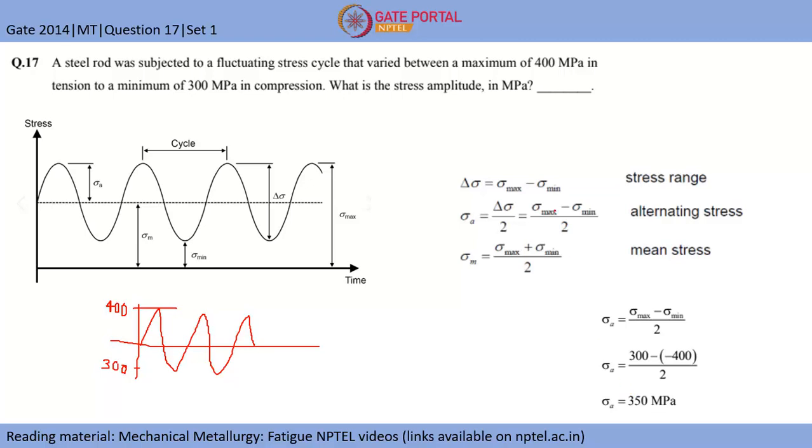One mistake you made earlier was considering 400 as maximum and 300 as minimum, so you did 400 minus 300 divided by 2 and got 50. But compression is negative, so 400 minus of minus 300 divided by 2 is 700 divided by 2, which is 350 MPa.